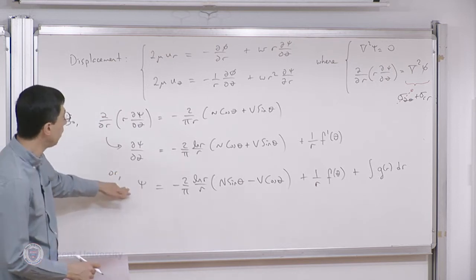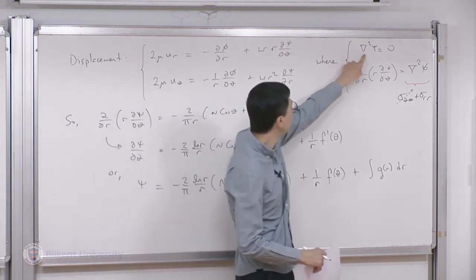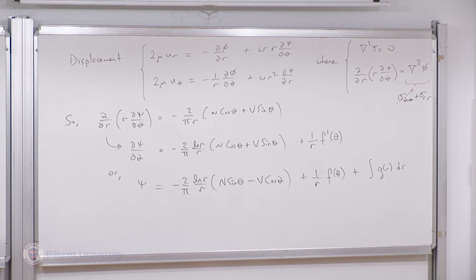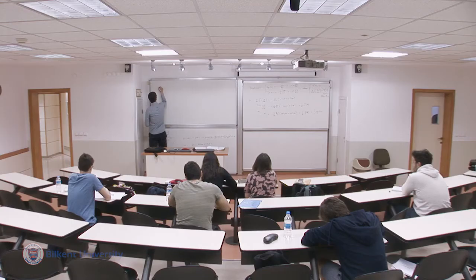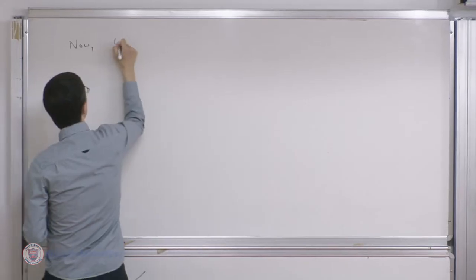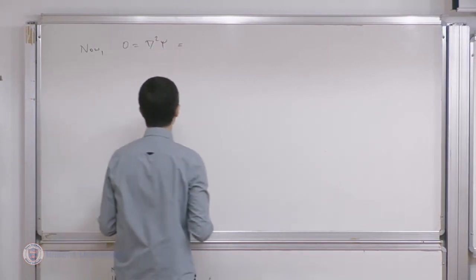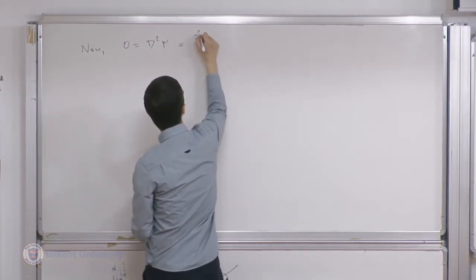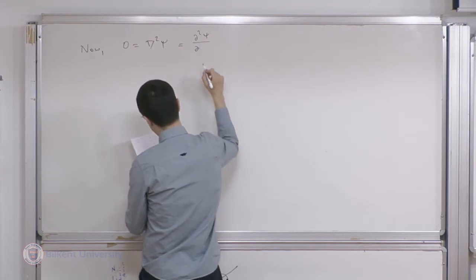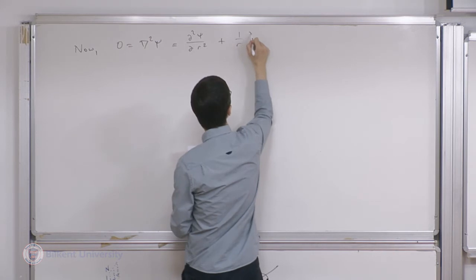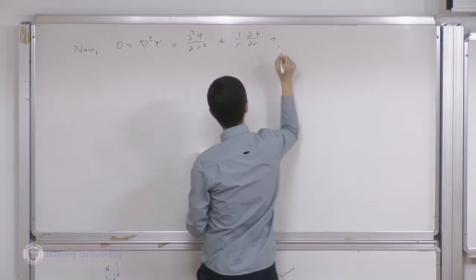That's now a general form, and I can impose the first condition to find out what f and g are. So 0 has to be equal to the Laplacian of c, and we have already indicated last time what the Laplacian in a cylindrical coordinate system is. I'm just writing that once again.